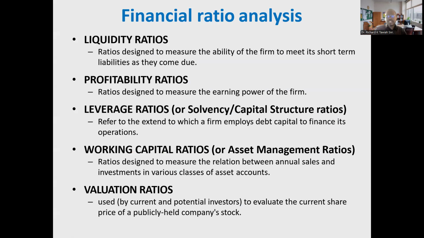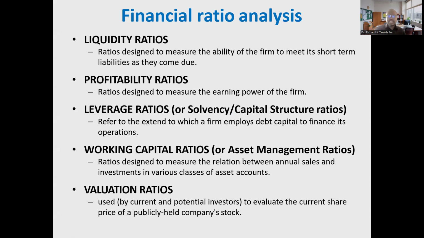Five main categories of ratios will be looked at here. We're looking at liquidity ratio. So it looks at, do we have money in the short term to meet our short-term liabilities? Would our current assets be able to cater for our current liabilities, give and take? That's all. Profitability, like the name sounds, looks at the measure of earning power of the company, earning profits.